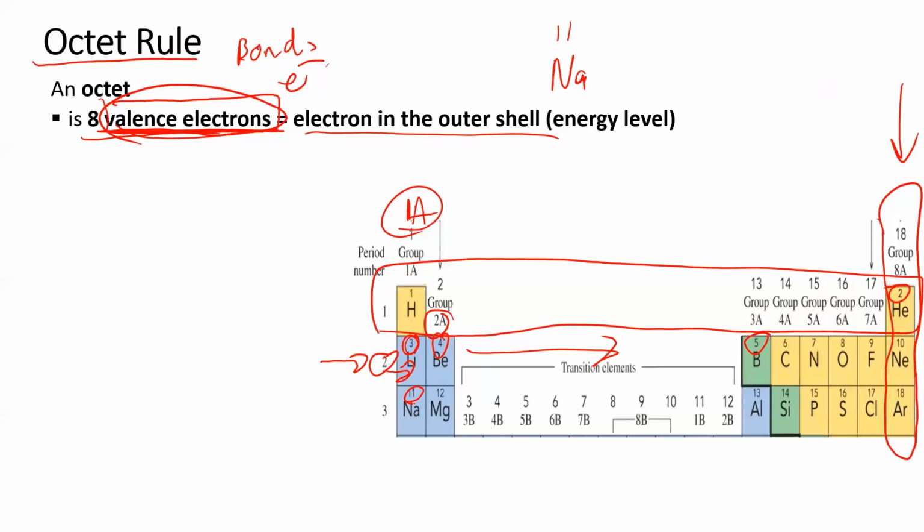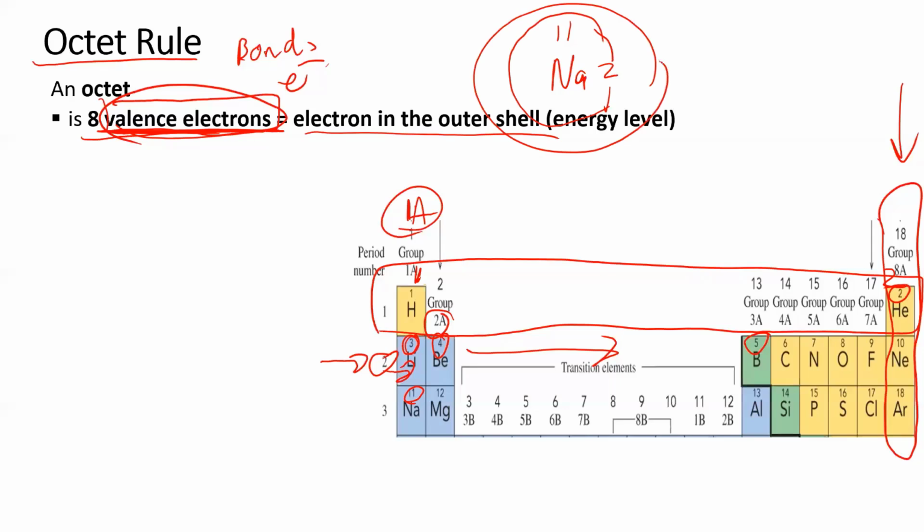If it has 11 protons, it has 11 electrons because it's neutral. So where do the first two electrons go? Well, if I count across the periodic table, I have 1, 2 electrons in that first shell. 2 electrons.